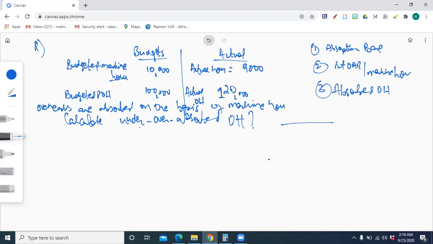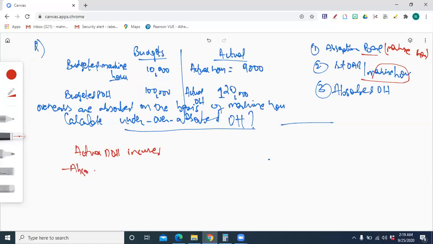Here we need to calculate whether it's under or over absorbed. Whenever a question like that comes, before even reading the question, just write the formula. Check the base, the base was machine hour. Actual production overhead incurred minus absorbed overhead.